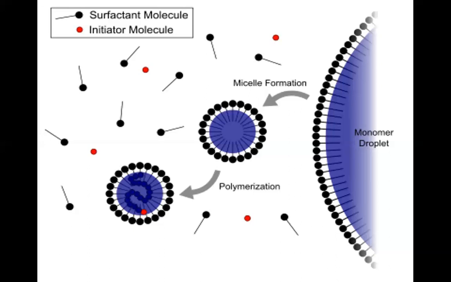During the formation of the micelle, the surfactant molecules are arranged in such a way that all the hydrophilic ends are projected towards the outside and all the hydrophobic tails are projected away from the water. See here, this is water. All the hydrophilic ends are projected towards the water molecules and all the hydrophobic tails are projected away from the water. In this way, micelle formation takes place.